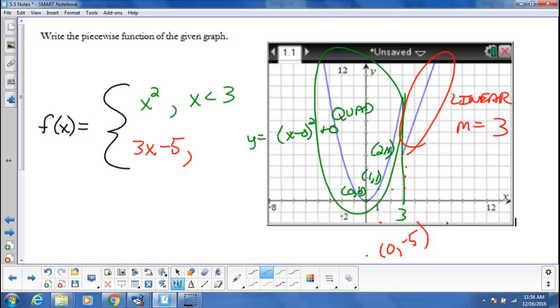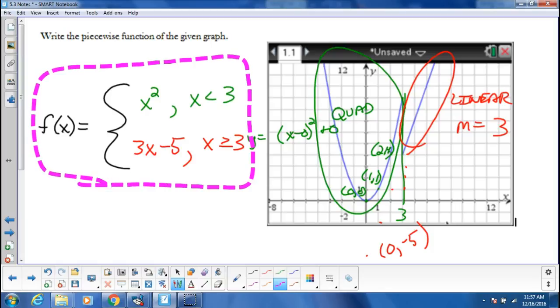And what range of values am I going on? X is greater than or equal to 3. Now, what if you went less than or equal to 3 on the top one? The other way around.